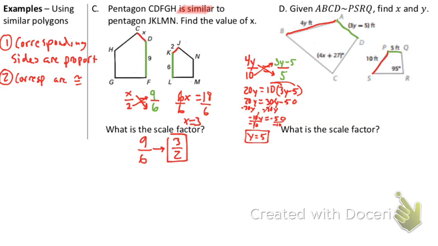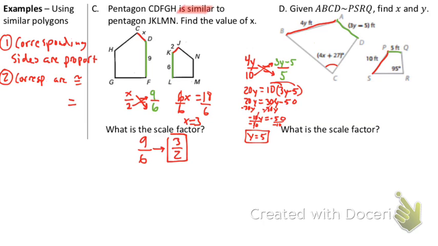Now we want to solve for x. So if you look for x, x is actually angle C. So we have to use property number 2. Matching angles or corresponding angles are congruent. And when things are congruent, we can set them equal to each other. So all we have to do is figure out who does angle C match with.